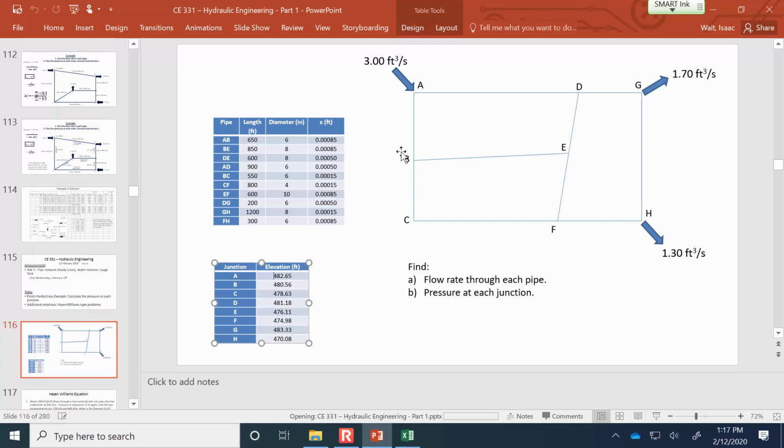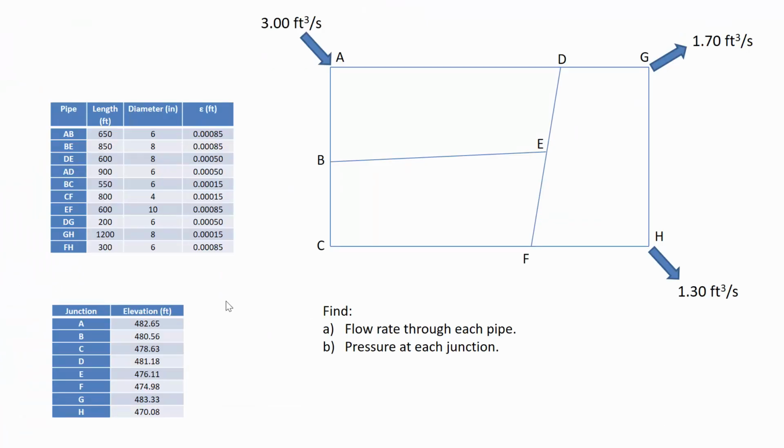I think I tell you the pressure at A. It must not have copied over from the assignment itself. I'll have to double check, but I'm pretty sure I gave you a control point of a known pressure at A, so that you'll find the pressure at D. It's going to be partly based on the head loss and partly based on the elevation change. You'll notice, for example, the elevation at location A is 482.65.